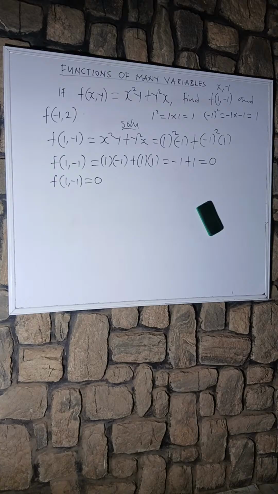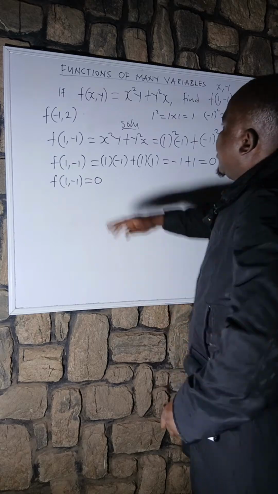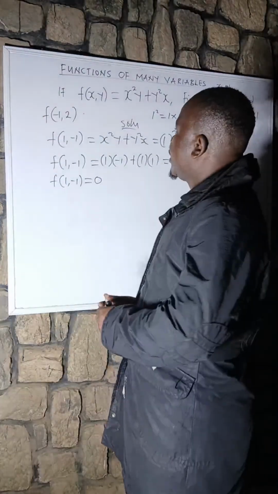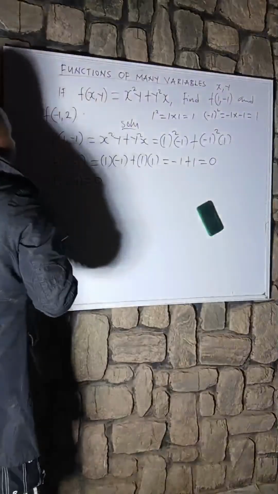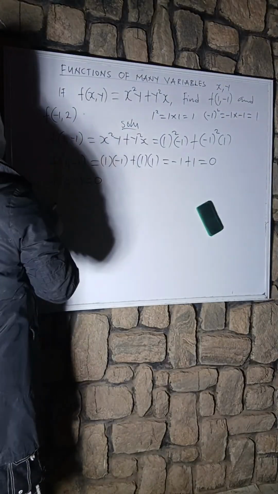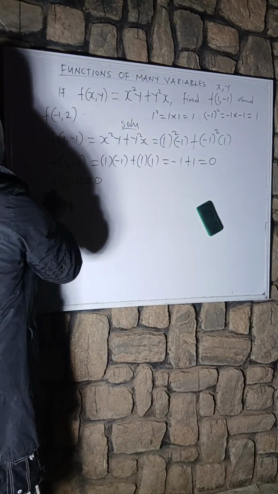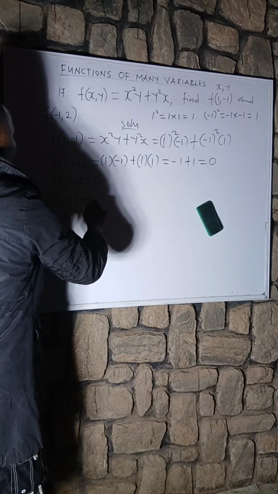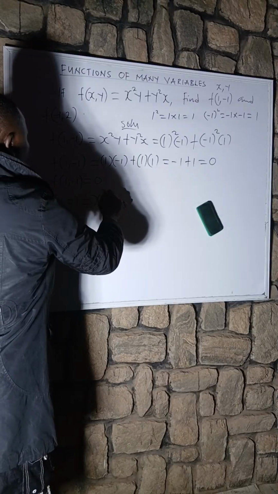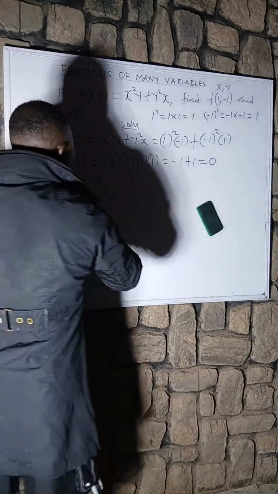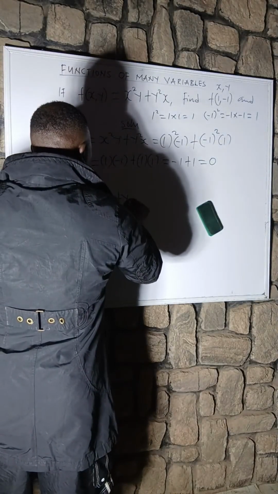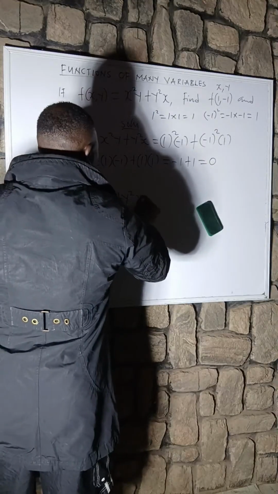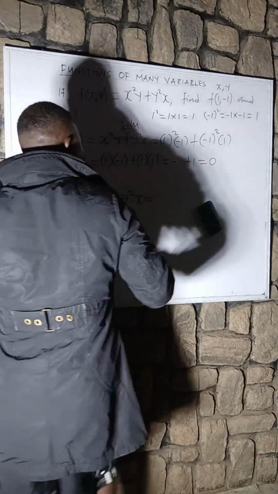Okay, so let's move further to solve the second problem. It says here, find f of minus 1 comma 2, right? So this is equal to x squared y plus y squared x.